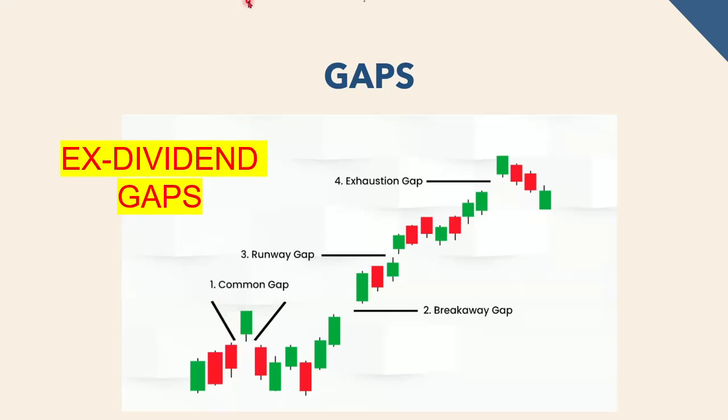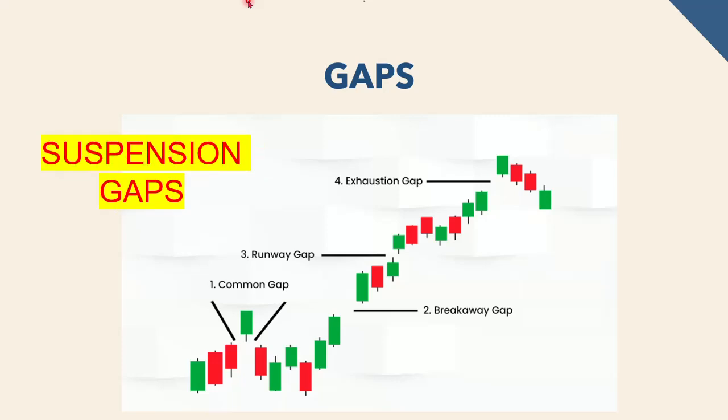Ex-dividend gaps occur in stock prices when a dividend is paid and the stock price is adjusted the following day. There is no significance for ex-dividend gaps. Suspension gaps occur in 24-hour futures trading when one market closes and another opens, especially if one market is electronic and the other is open outcry. Not much significance for suspension gaps as well.